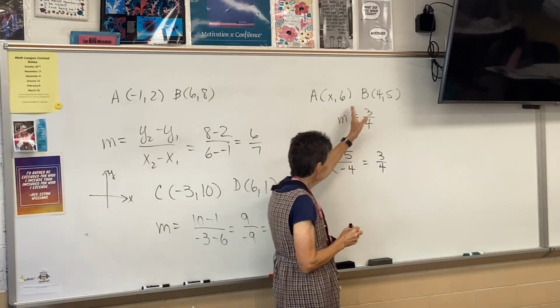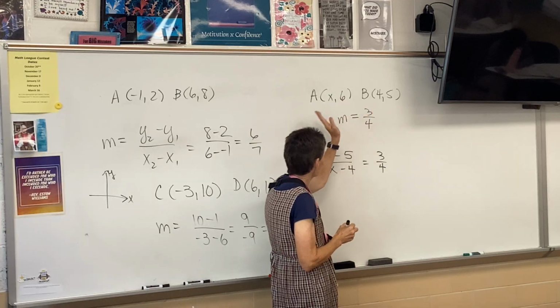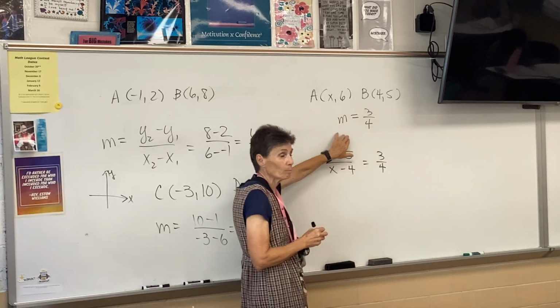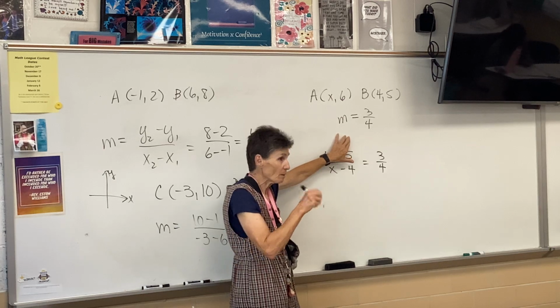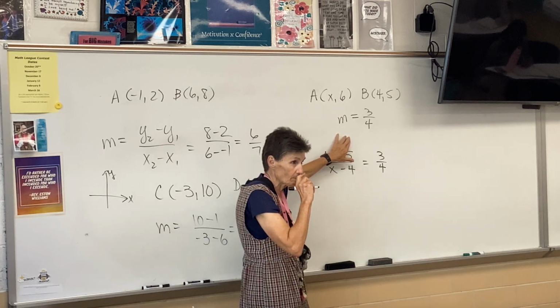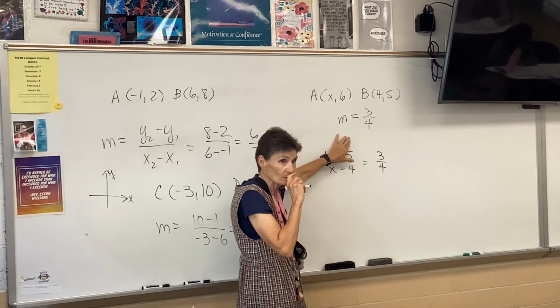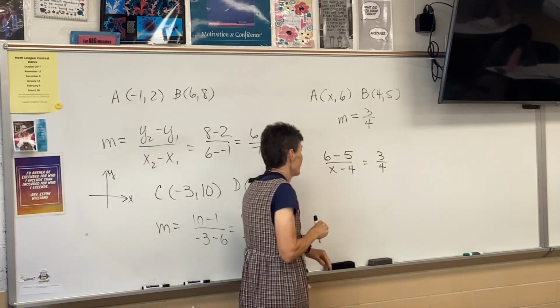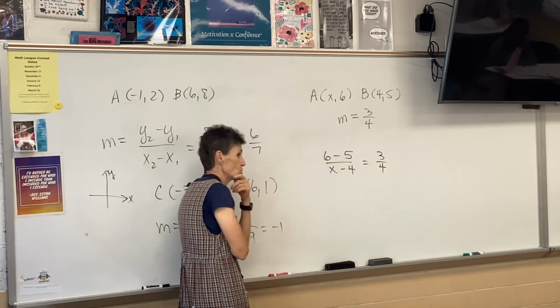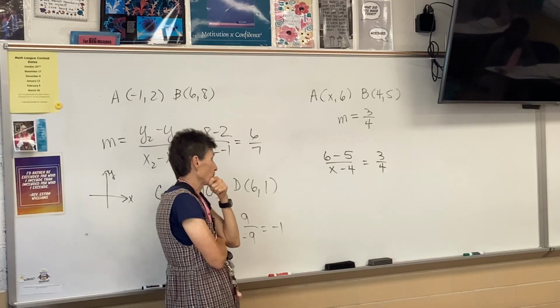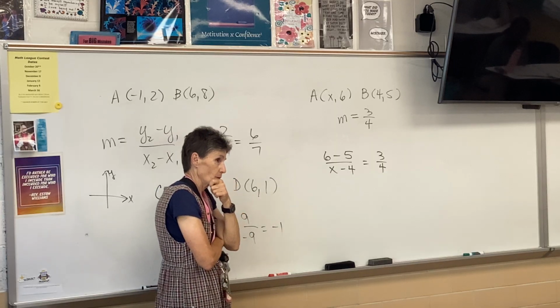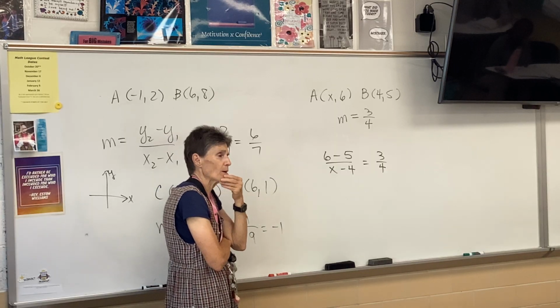So I go ahead and do my slope, y minus y over x minus x. But they told me in the problem that's supposed to equal 3/4. That good? All right, oh my gosh, I have to solve this. You see anything you could do right off the bat?